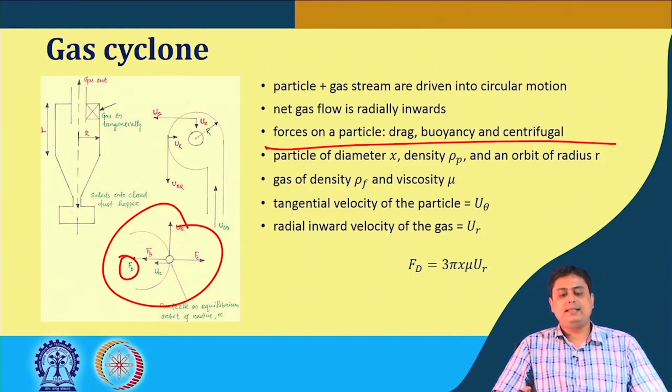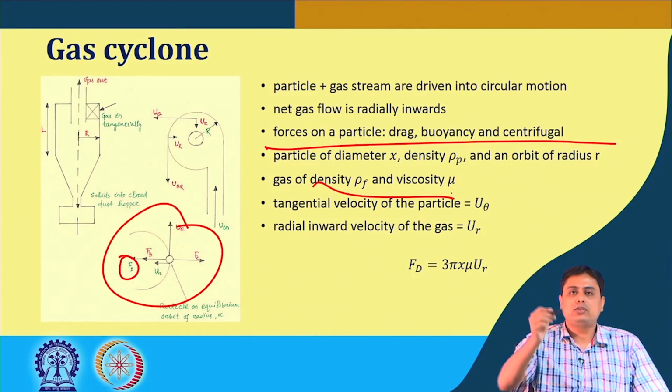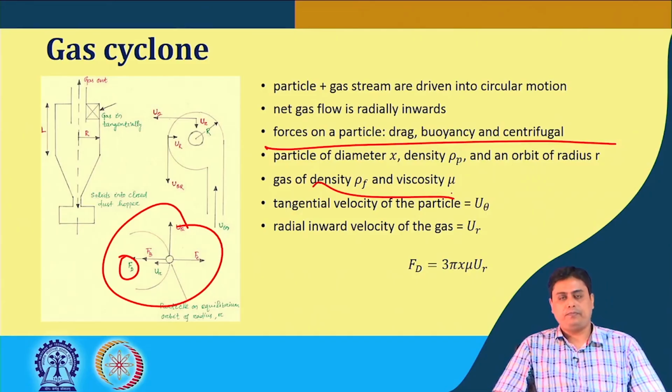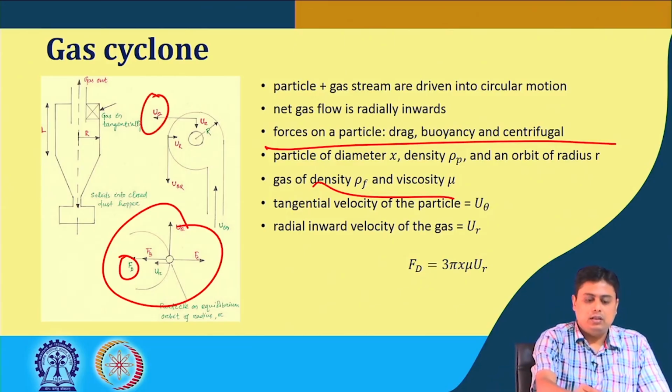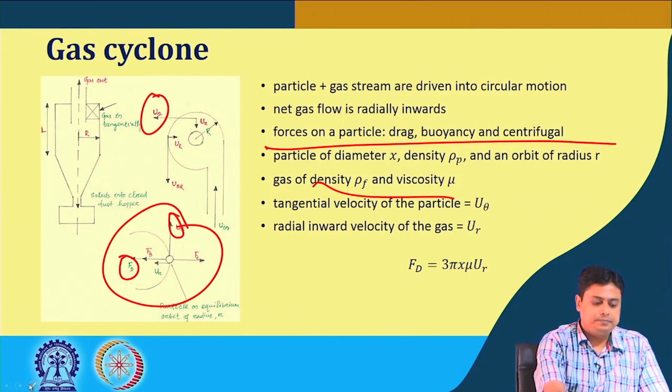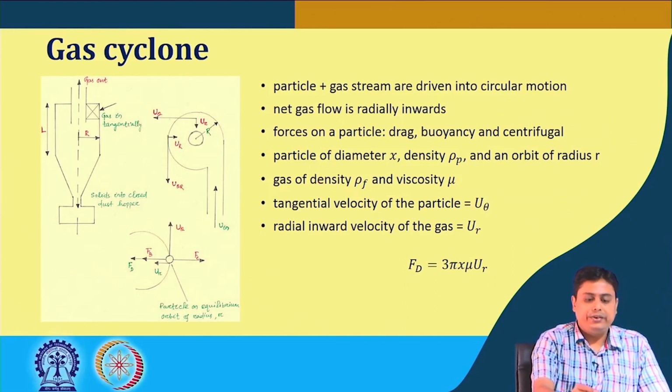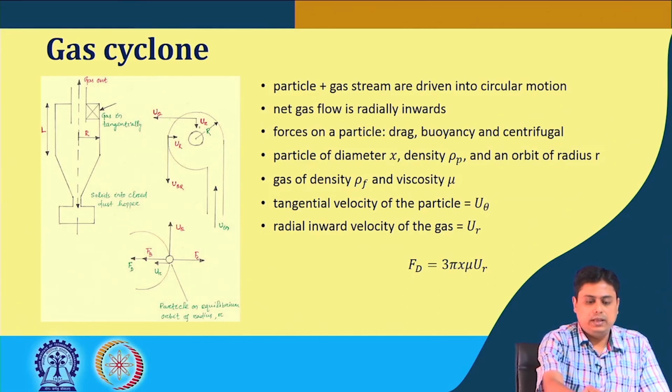Also assume the gas density is rho f and the viscosity is mu. Say the tangential velocity of the particle is u theta, and the radial velocity is u r.